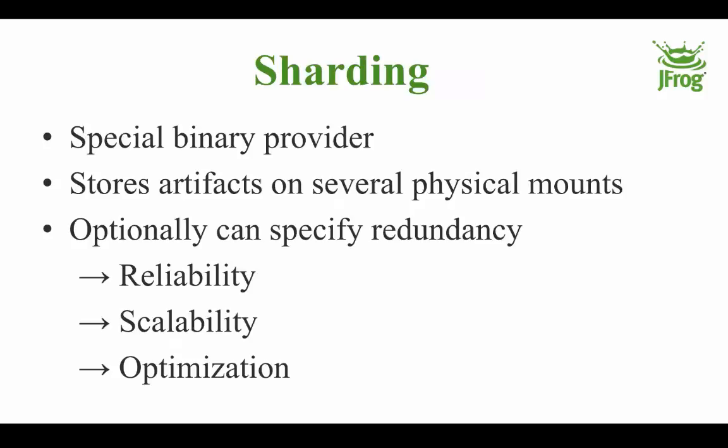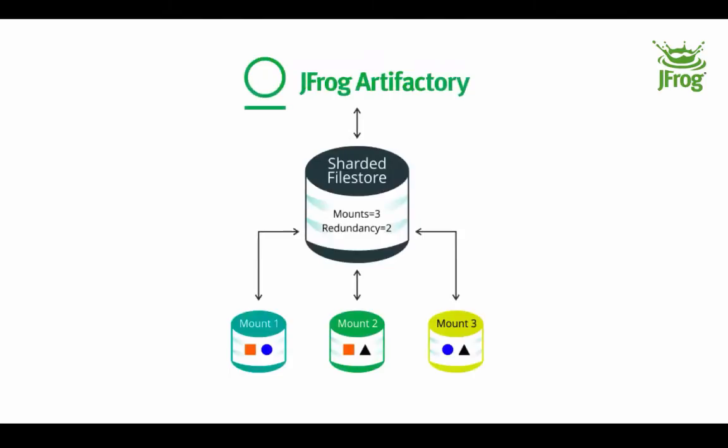So this way, Artifactory sharding helps make sure your storage is reliable, redundant to failures, and at the same time scalable as well. So let me show you how it does that. We have your JFrog Artifactory instance here, and in my example, I'm having 3 Artifactory shard mounts, right? So you have your sharded file store with 3 different mounts.